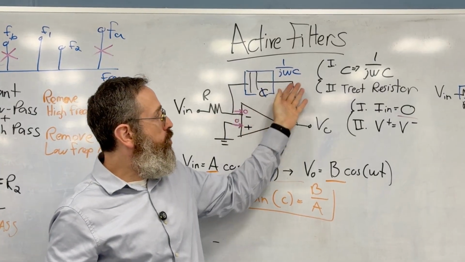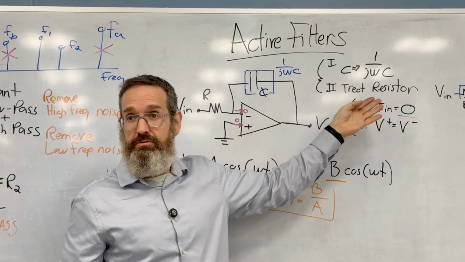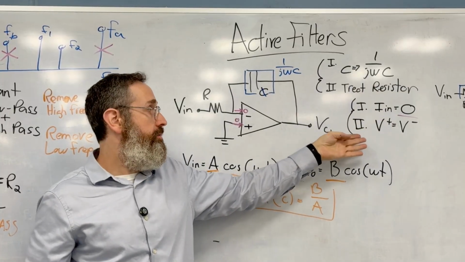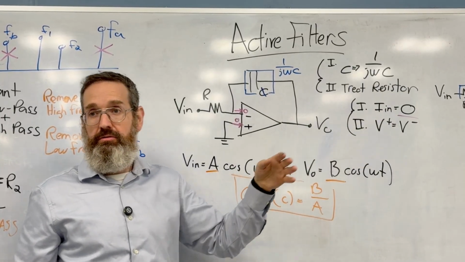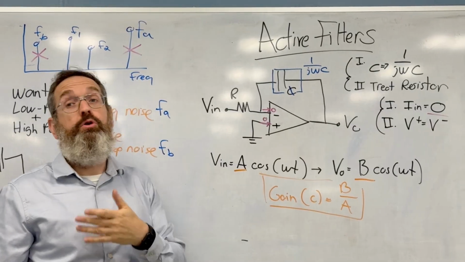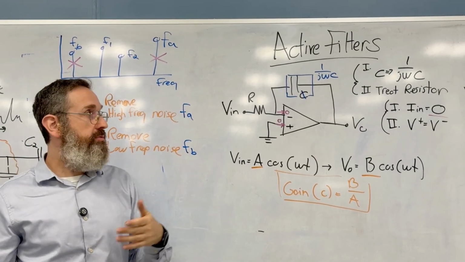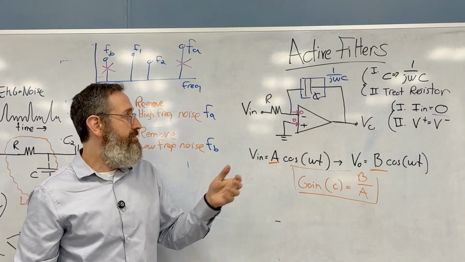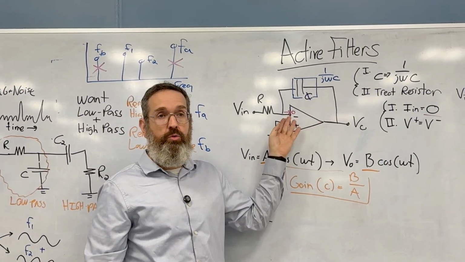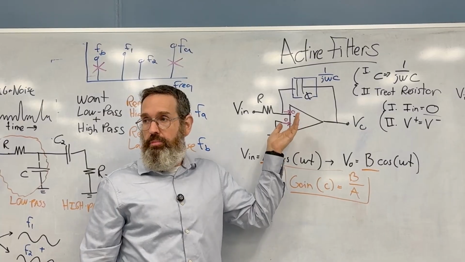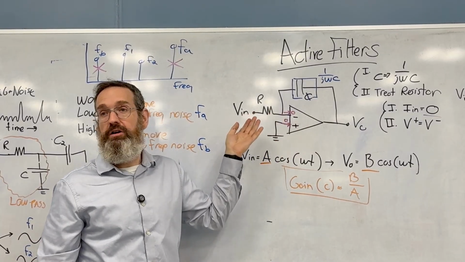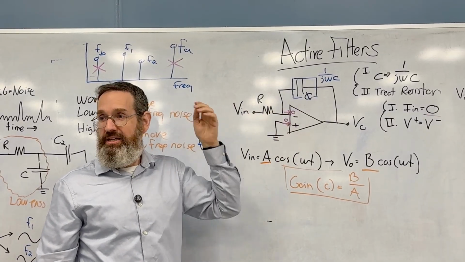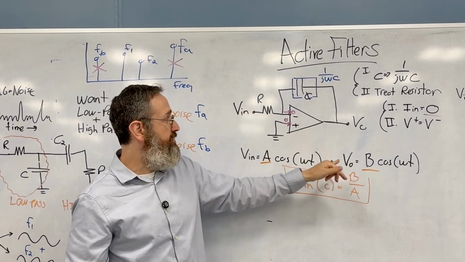And once you've exhausted my rules for capacitors and for op-amps, you're just left with Ohm's law. So now you just start hammering away with Ohm's law. At this point, it may not necessarily be clear where you should write Ohm's law first. But it turns out you can't really go wrong. If you just write it enough times, you will get the answer. But remember, we're trying to figure out what V out is.